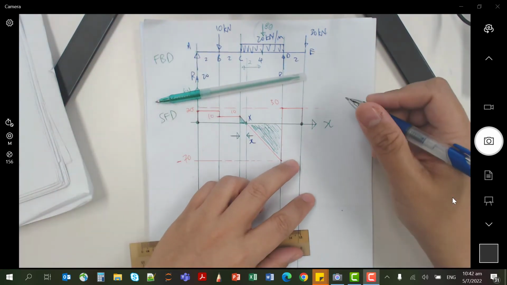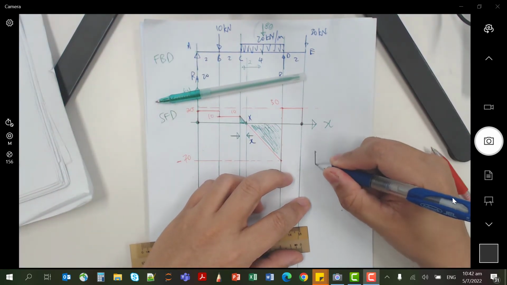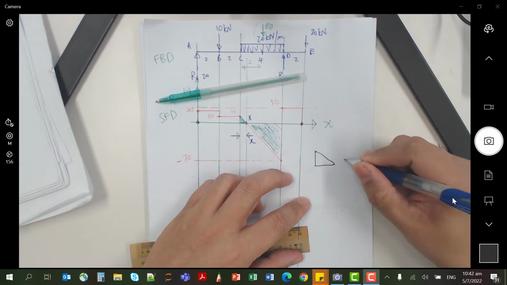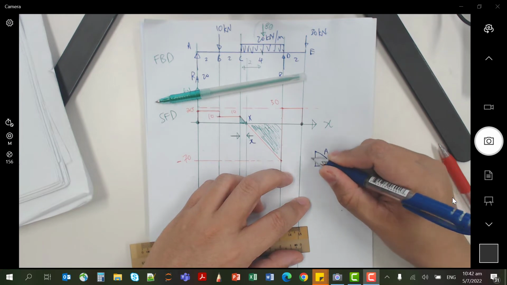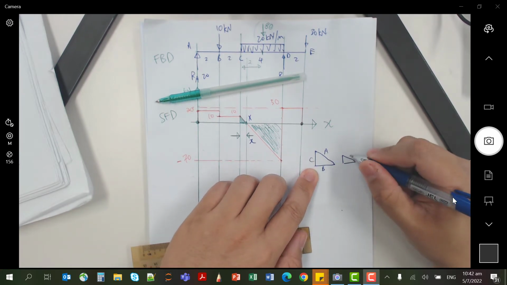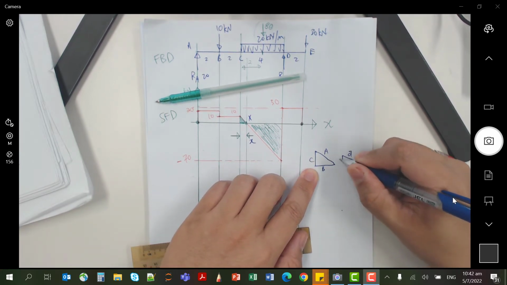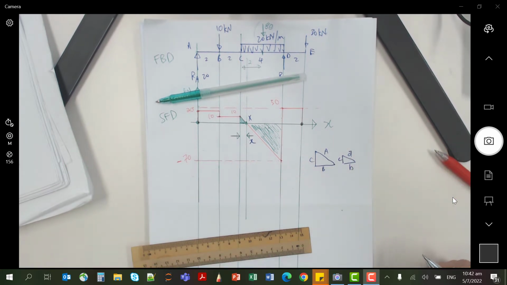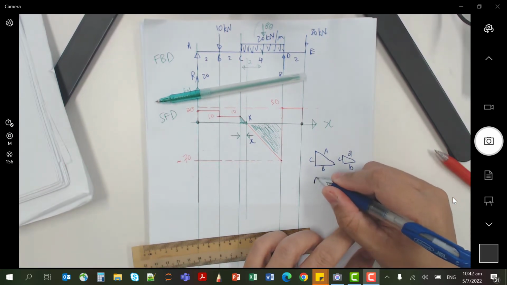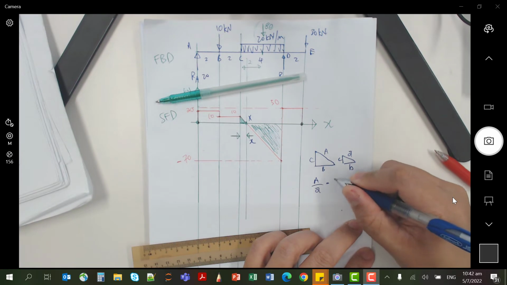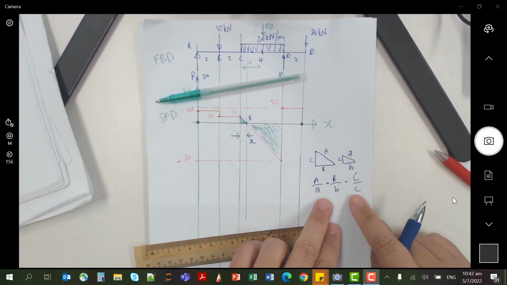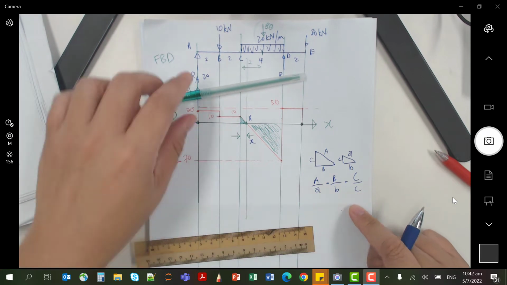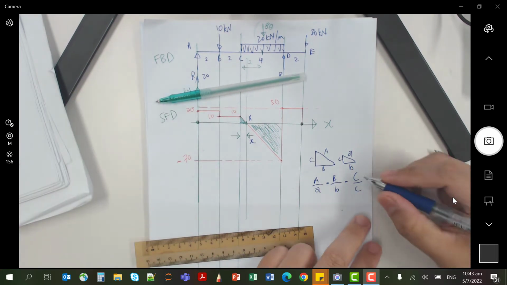To put it simply, if I have a triangle like this, and another triangle like this, this is A, B, C, and this is small a, small b, small c. Then similar triangles says that a over A equals b over B equals c over C. That's what is meant by similar triangles.